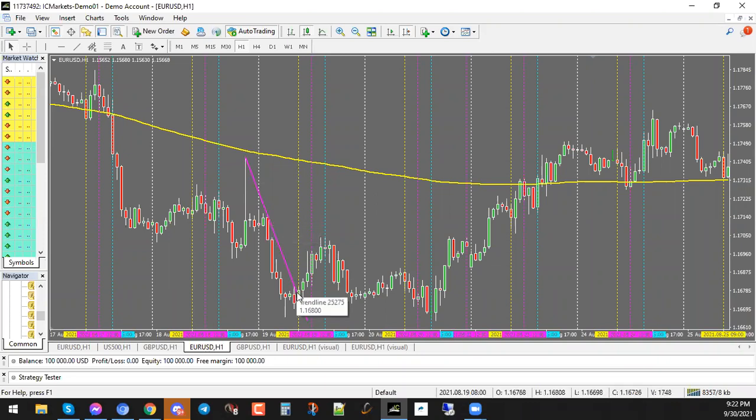It also coincides with the close of the 1 a.m. candle. And we're going to place another trend line below that. So we're looking at the lowest point of the day, and we're going to connect that to the next swing low. This is a contracting ending formation.